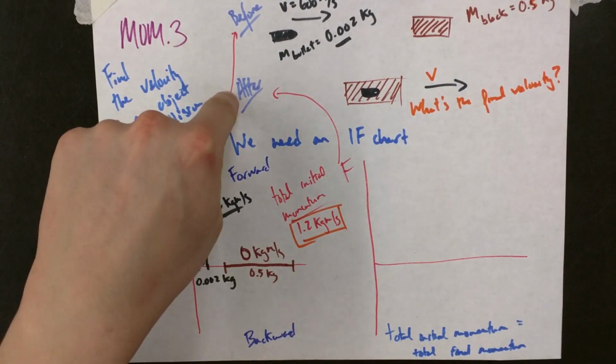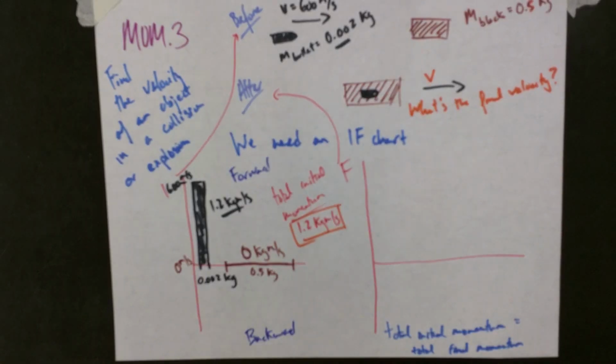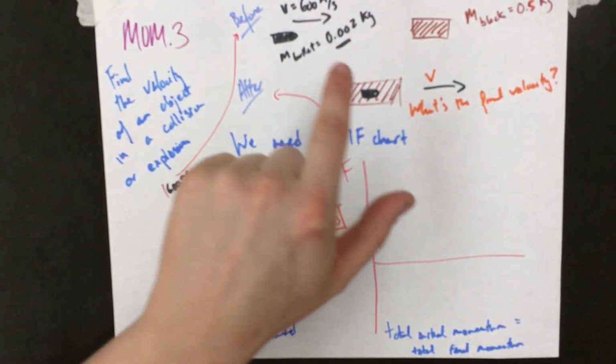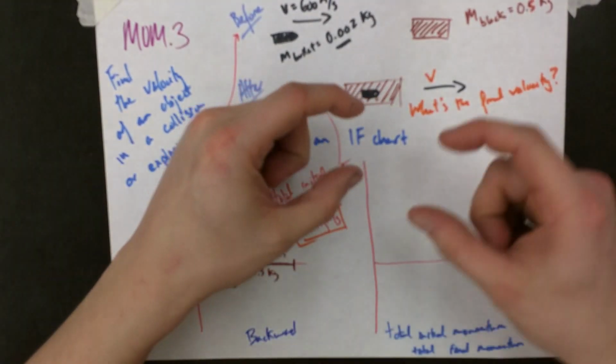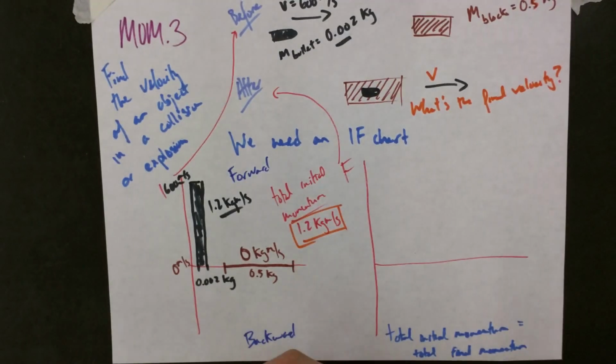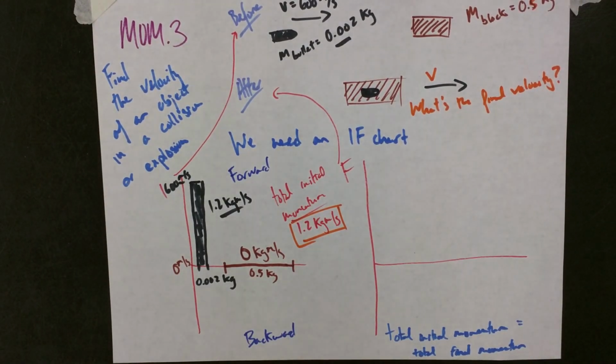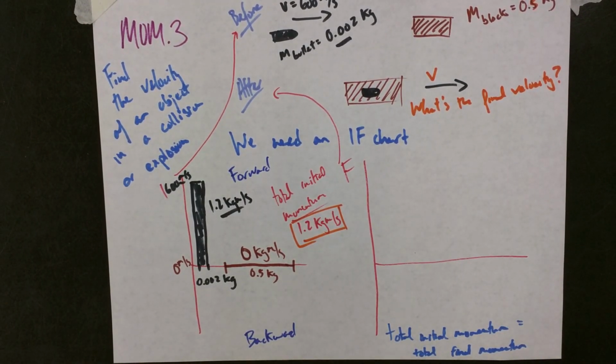Okay, now we're considering the final case. Well, I have a bullet that is lodged inside of a block. Both of these are objects together, so I could consider them one object. And that's what I'll do.